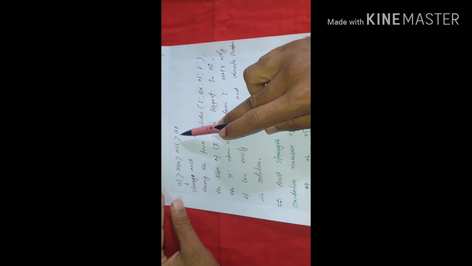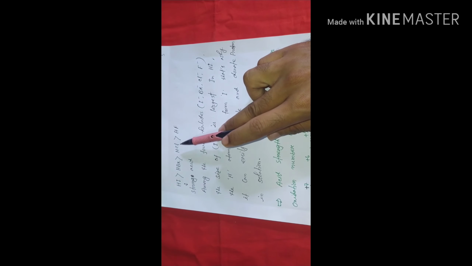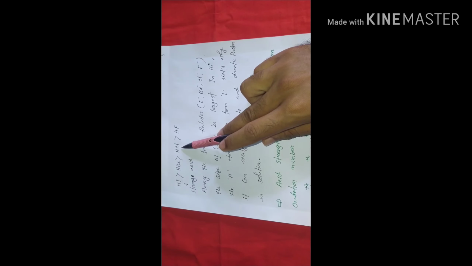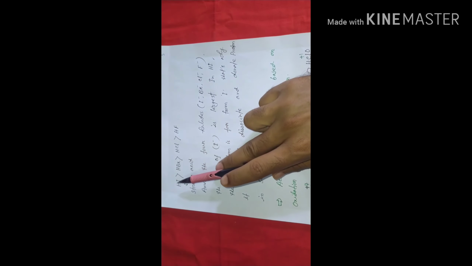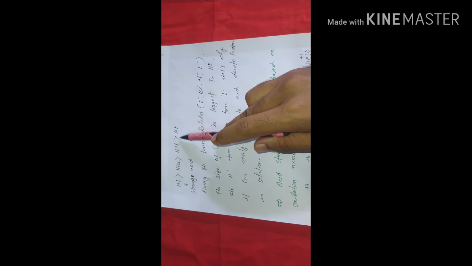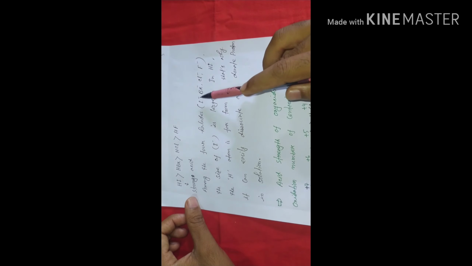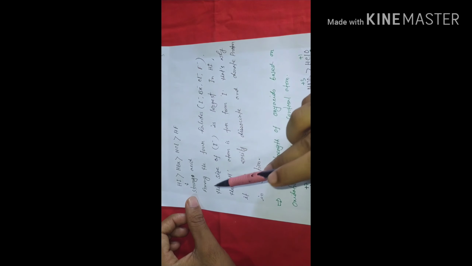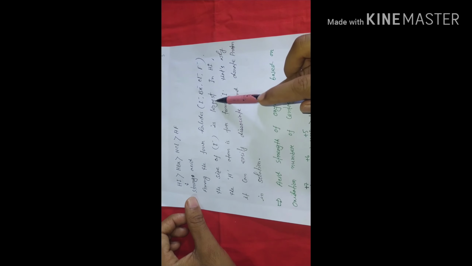Among four hydracids, if I ask you which will be the strongest acid, most students will say hydrochloric acid, but this is not correct, because among the four halogens, iodine has a bigger size comparatively to all other halogens. So we can say among the four halides, iodide, bromide, chloride, fluoride, the size of iodide is largest.